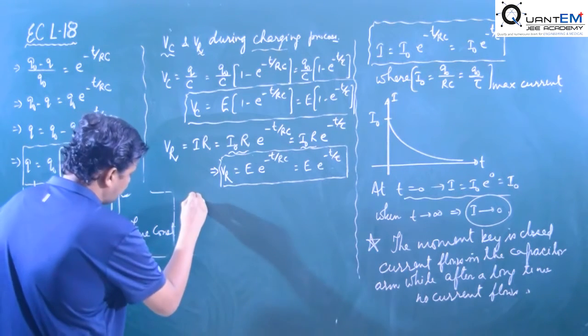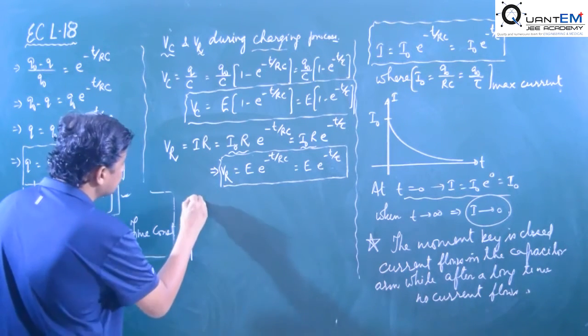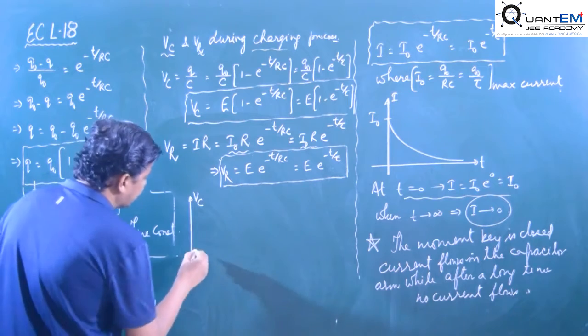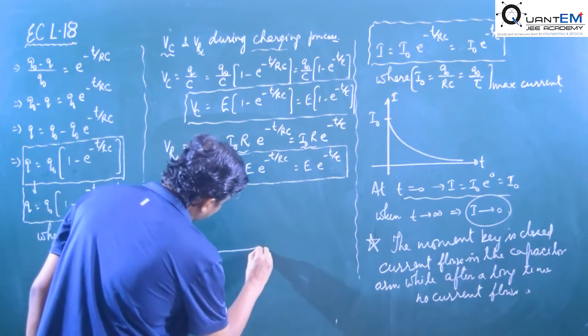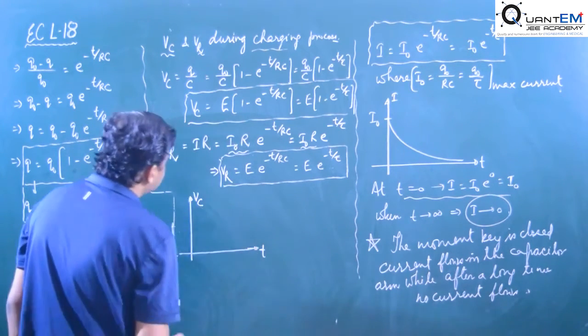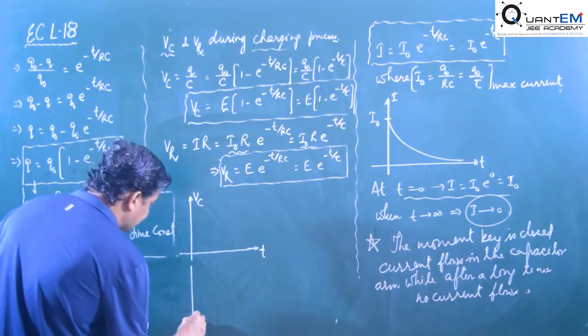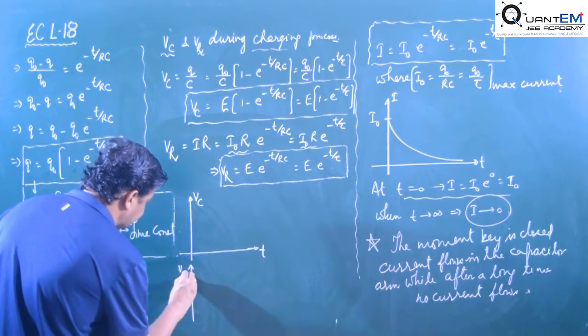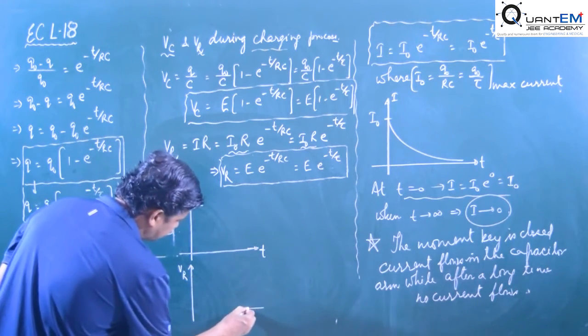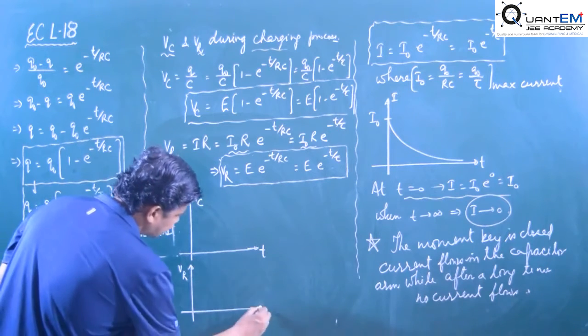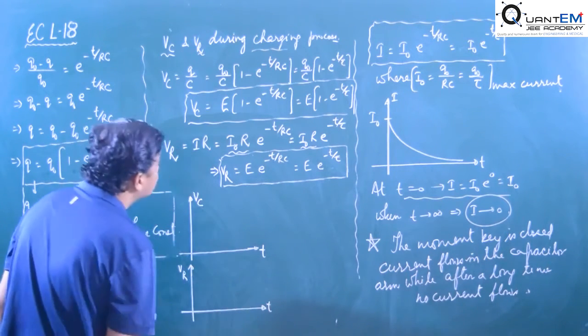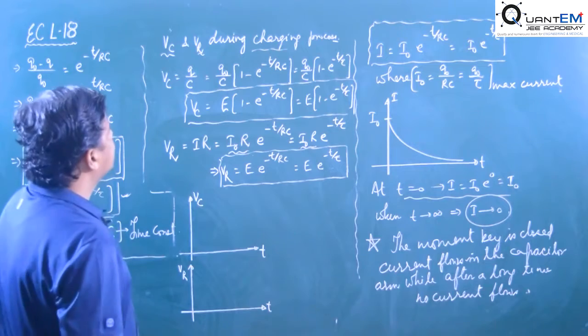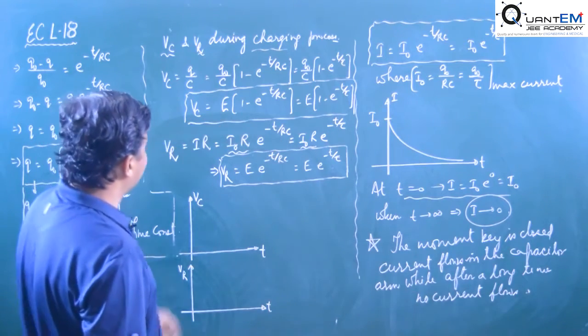Now we have to draw the graphs. The potential drop is also changing with respect to time. In the graph of potential drop across the capacitor versus time, it is increasing with time.